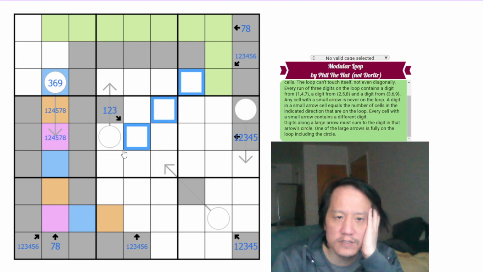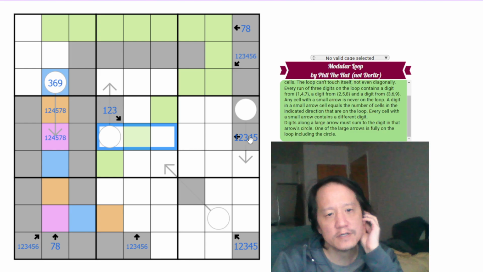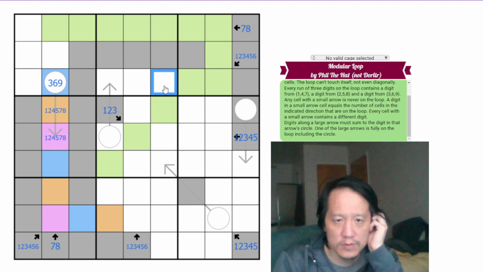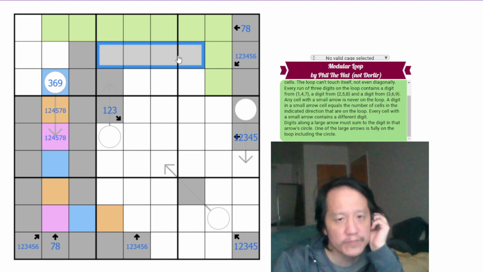We tried 6 this way. Let's try it again. If this is 6, this goes either this way, in which case this is 4, but then this would be 2. We also know, okay, so this cannot be because this is gray.